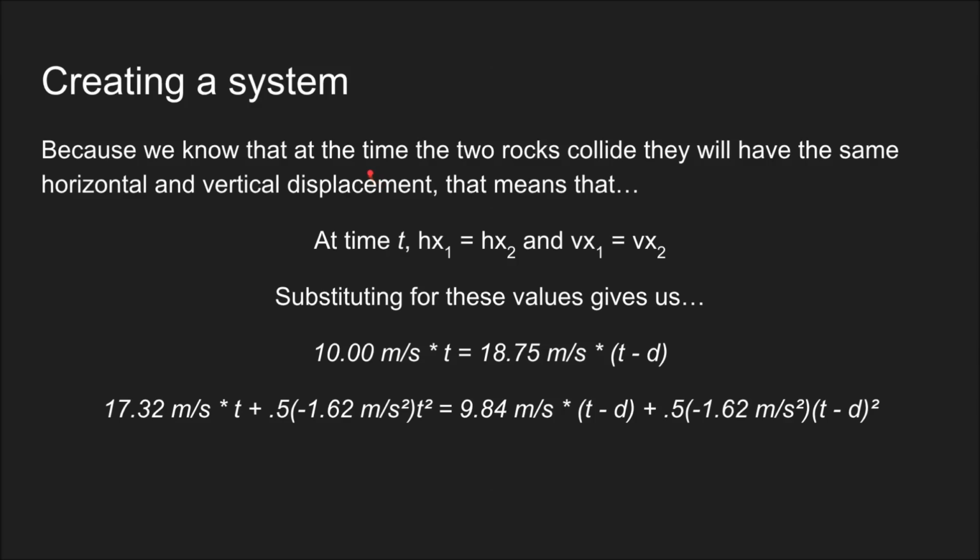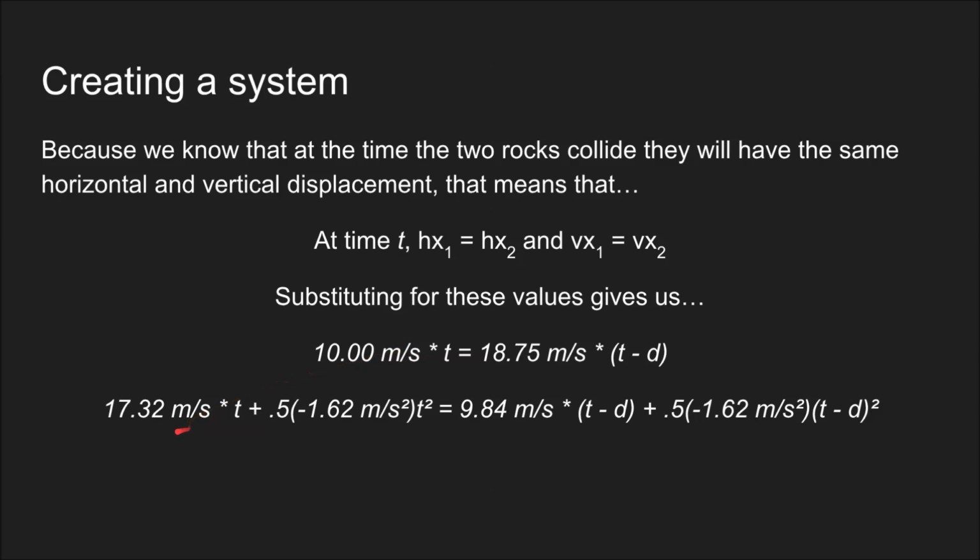Because we know that at the time the two rocks collide, they will have the same horizontal and vertical displacement, that means that at that time, the horizontal displacements and the vertical displacements will be equal, which means that we can just substitute these values to give us 10 meters per second times time equals 18.75 meters per second times time minus delay.